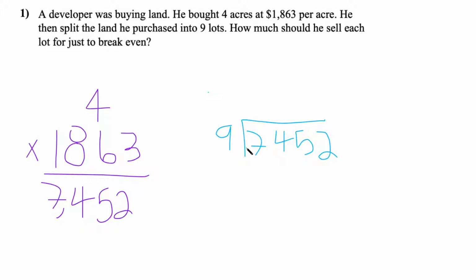So if we get our calculators back out, we can do 7,452 divided by 9, and we'll get $828. So $828 per one lot to break even. So that's our answer. So we're going to make sure to circle it.